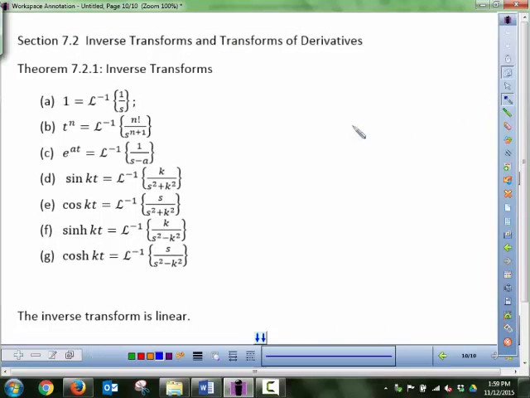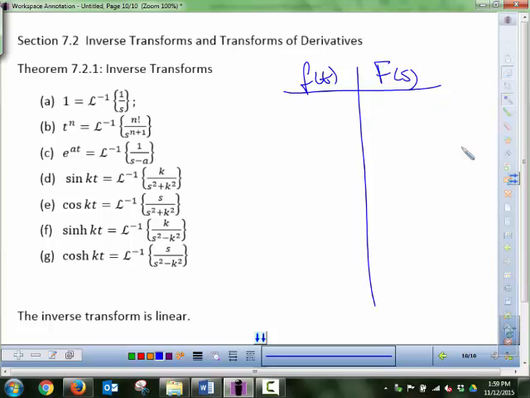Usually, the table that you would see is just a two-column table where you have f of t and capital F of s. And then you see the relationship to go from one way to the other.